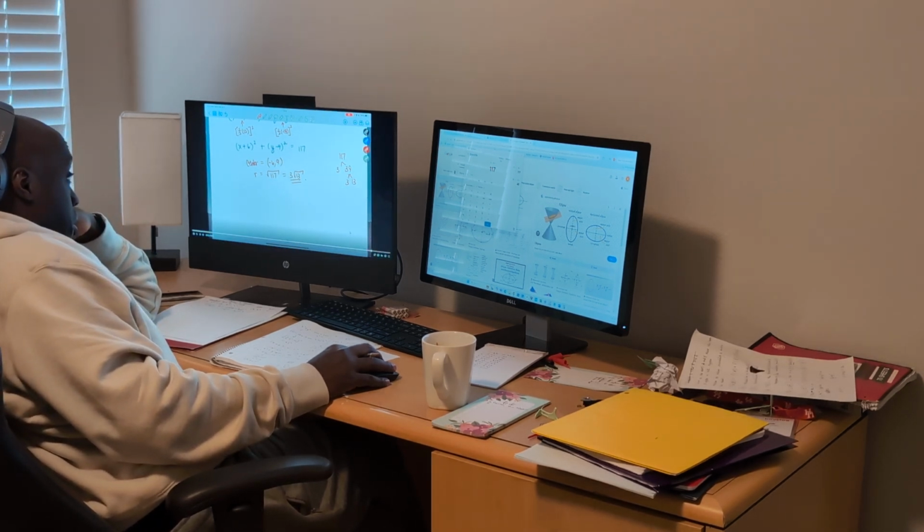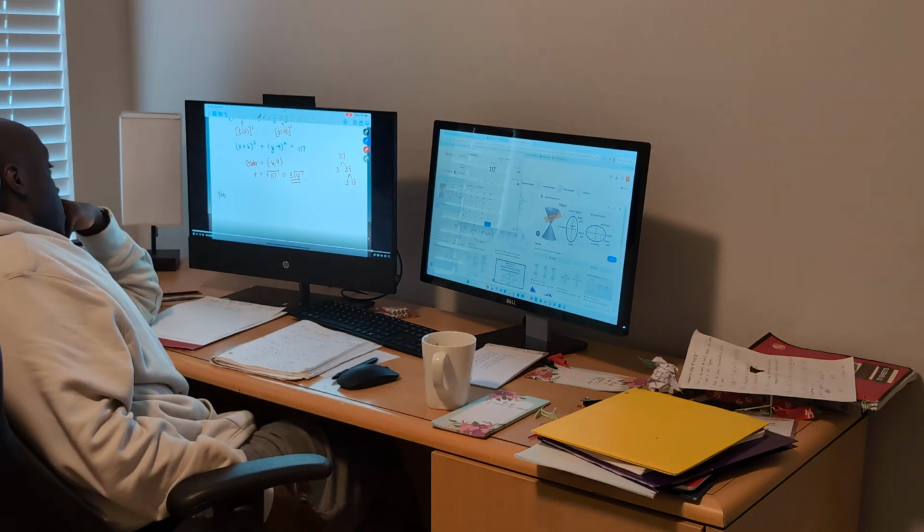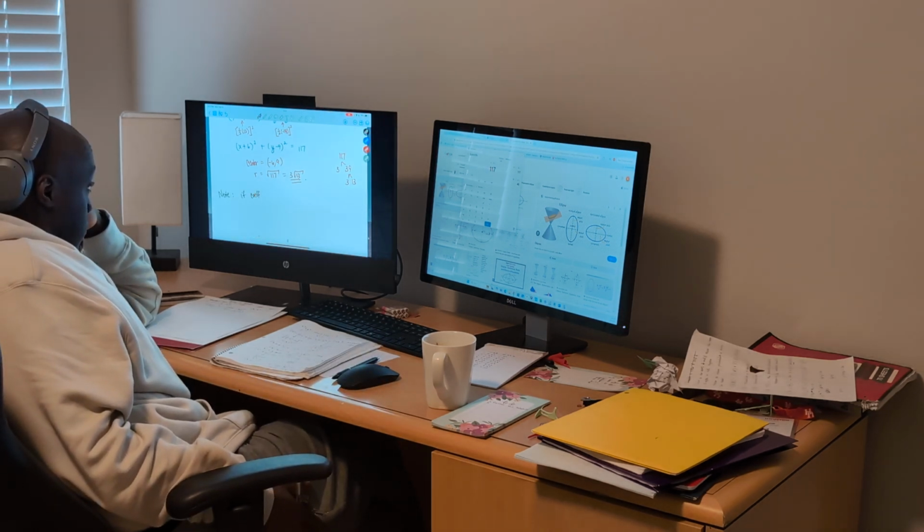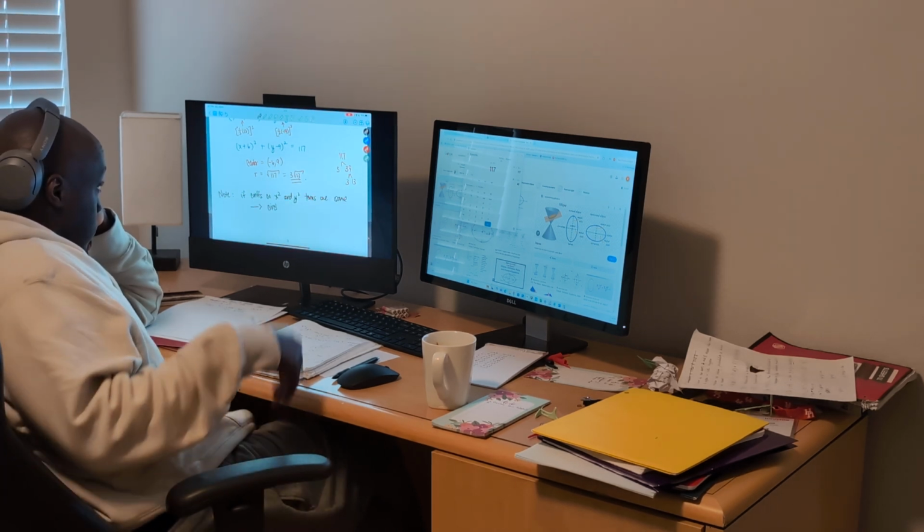Now, the real question is, how did I know that that was a circle? So I'll leave a note for now. If the coefficients on the x squared and y squared terms are the same, then we know we have a circle.